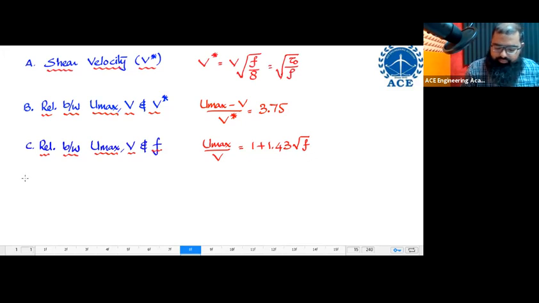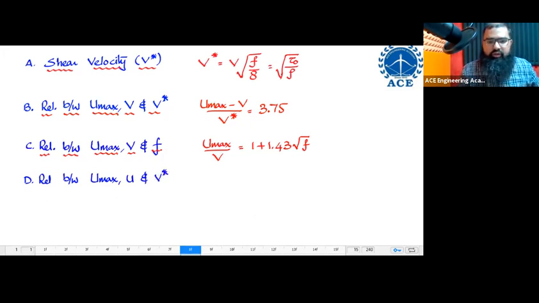And finally, you're having a formula, a relationship between U maximum, U and V star.